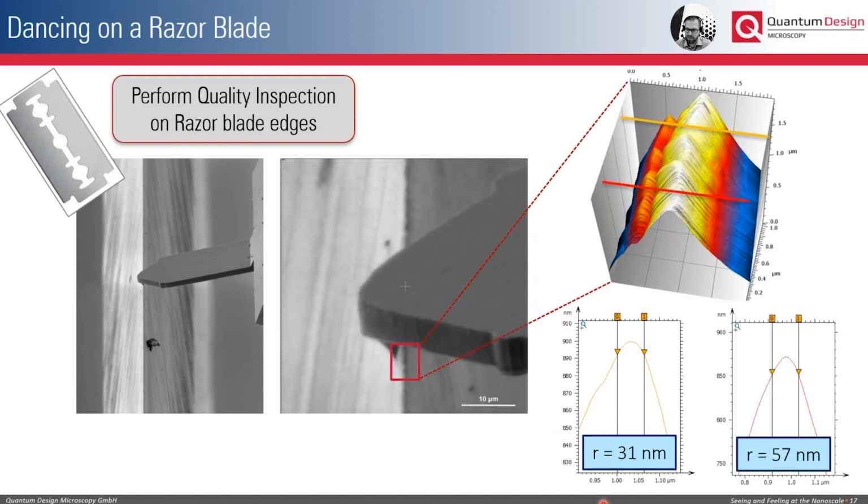And as you can see from the line profile on the upper part, we get a blade radius of around 30 nanometers. And in the second part, we get a blade radius of around 57 nanometers. So you can see that even for very demanding sample geometries, it's very easy to position the cantilever of the AFM precisely on the spot of your interest and then collect the 3D topography data.